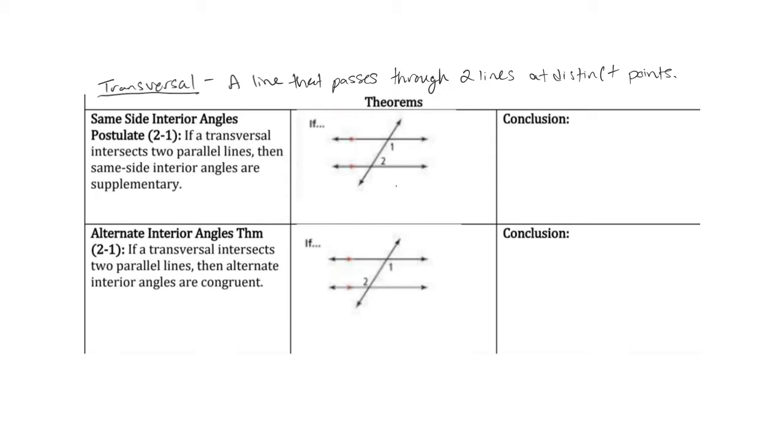If we look at same side interior angles, we can point out where the transversal is. We have two lines, and then we have one line going through both those lines at distinct points. So that line right there is what we call a transversal that I just drew the arrow to.